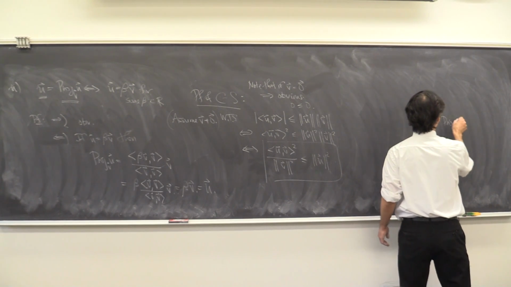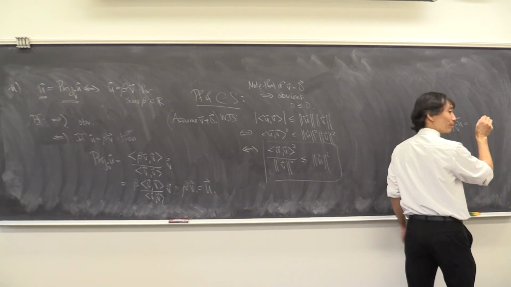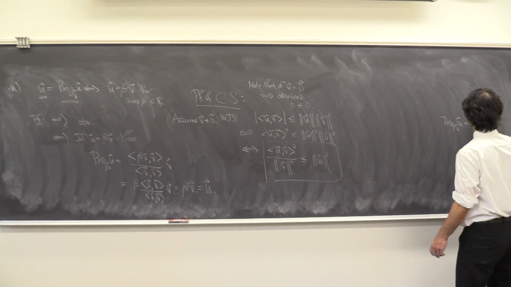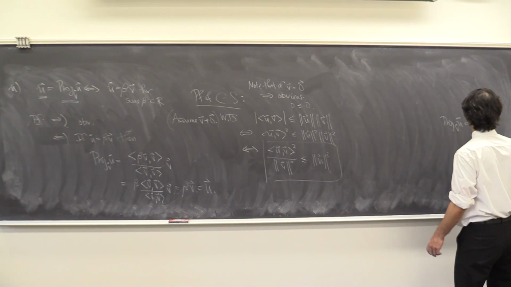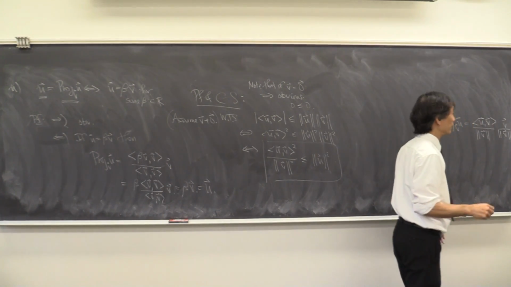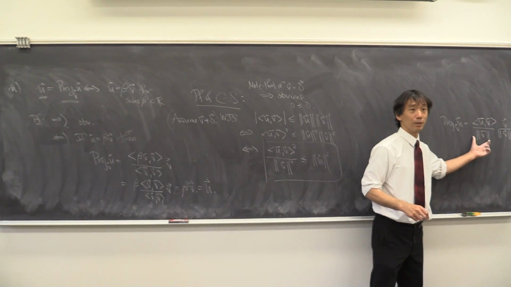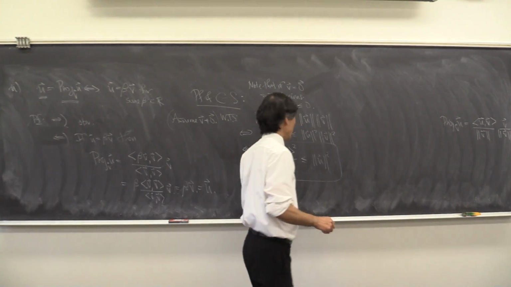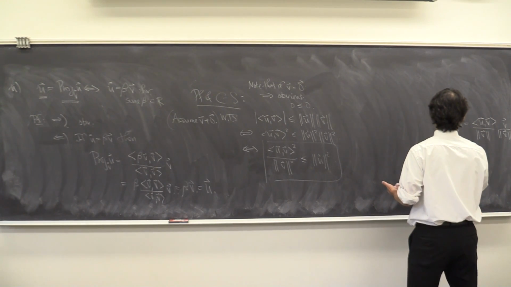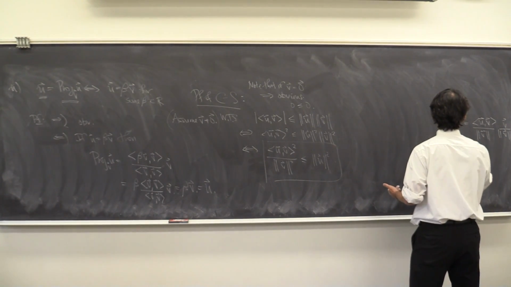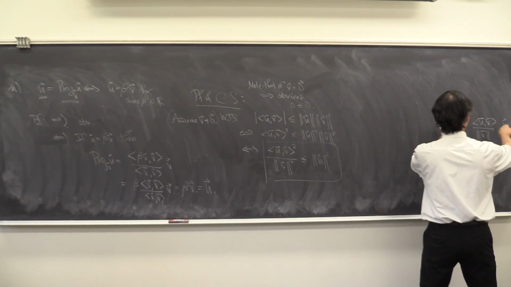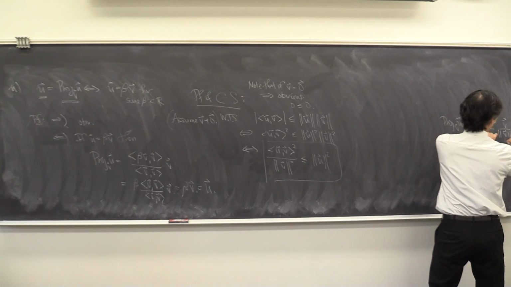What was the projection of u onto v? I'm going to write it this way. It's this thing here. So what is this thing right here? This is actually the norm of the projection squared, because when you take the norm of this thing, well, this is just 1.